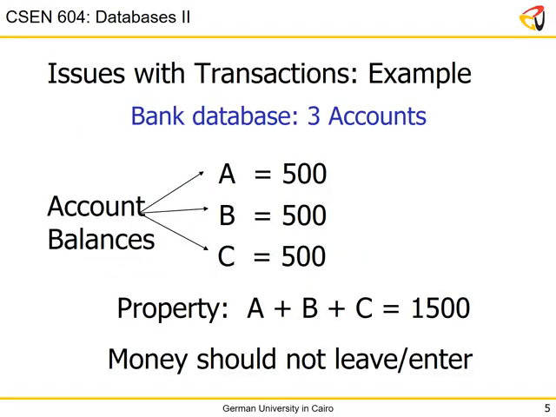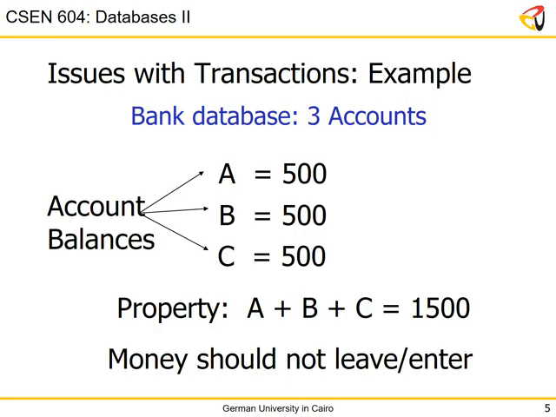So let's put a motivating example. Let's say you have a bank database and you have 3 accounts, A, B, and C. Each one of them has £500. In total, if those 3 accounts belong to the same person, he has in the 3 accounts £1,500.